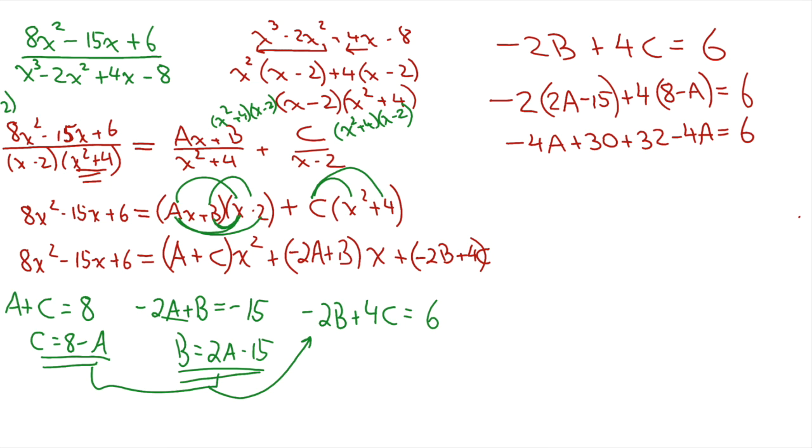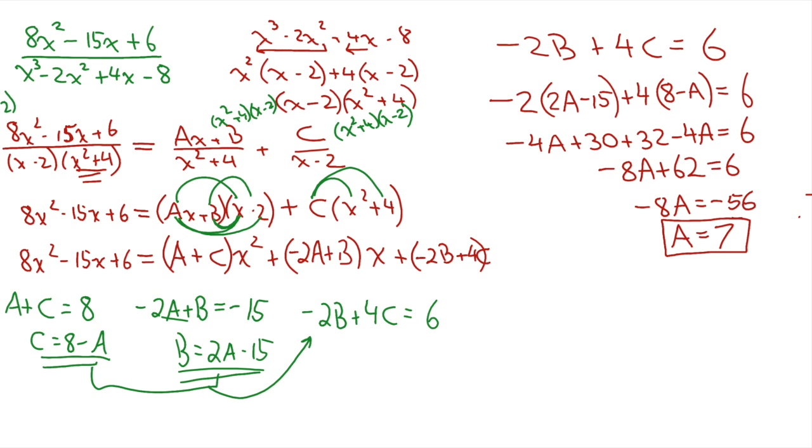That becomes an ugly mess: negative 8A plus 62 equals 6. Negative 8A is equal to negative 56. How many times does 8 go into 56? 7. So A is equal to 7.